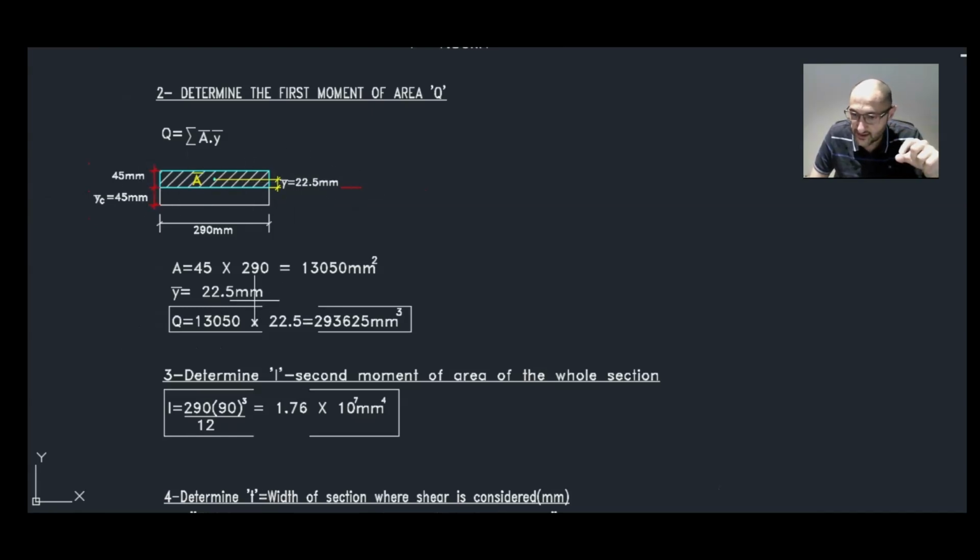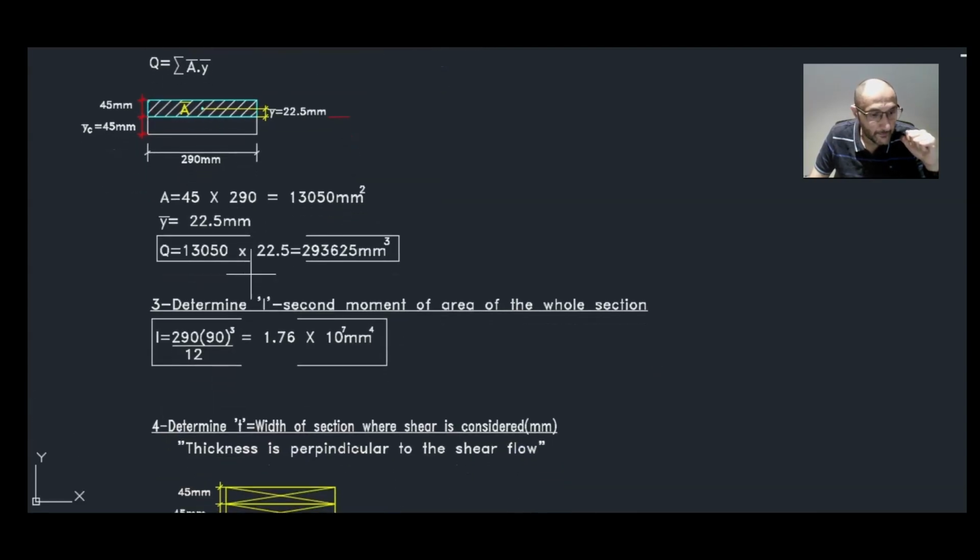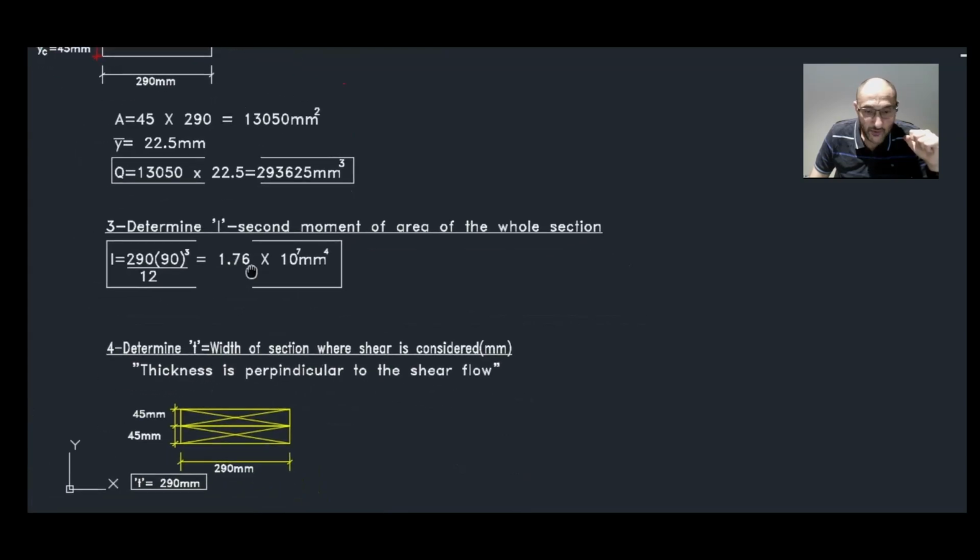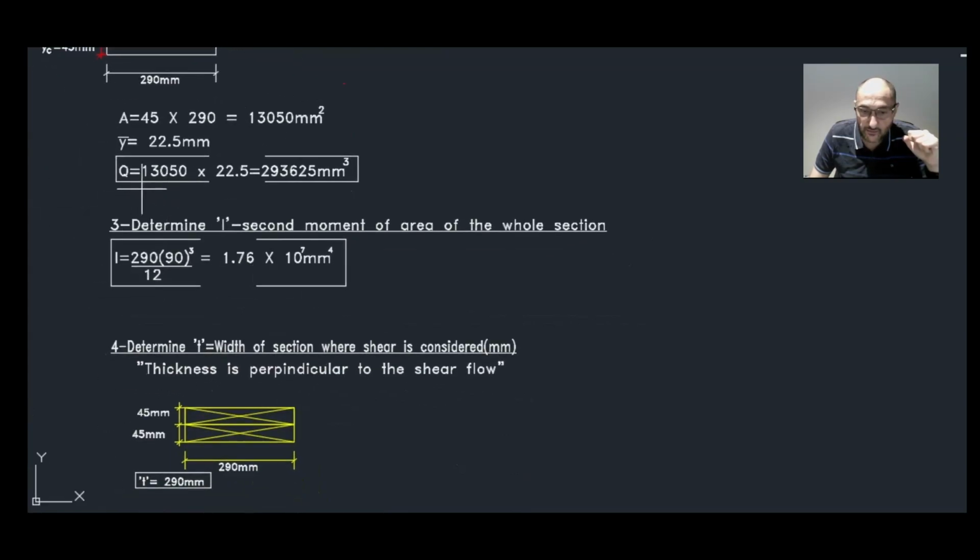In this case, Y bar is 22.5 millimeters. Then the first moment of area will be 13050 multiplied by 22.5. That will give us 293625 millimeters cubed.